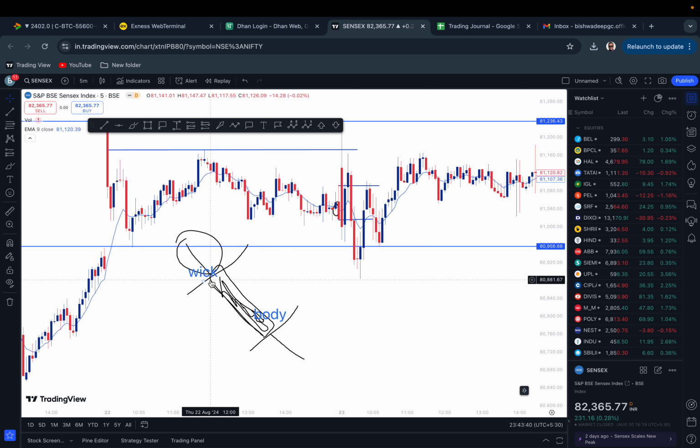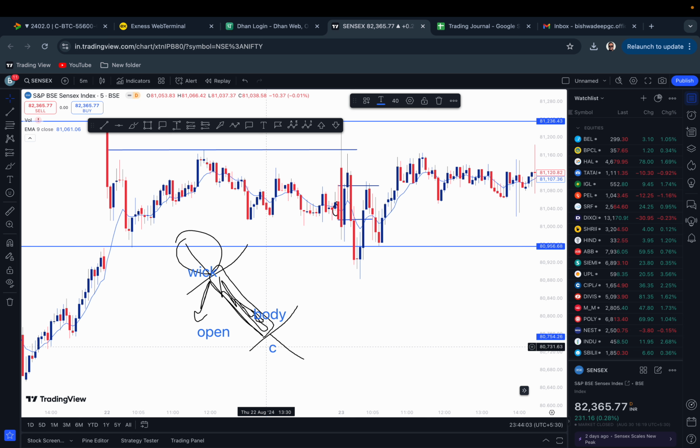So when a bearish candle forms, the opening should be here. This is the open and this is the close. Okay, and at this point this will be the high.